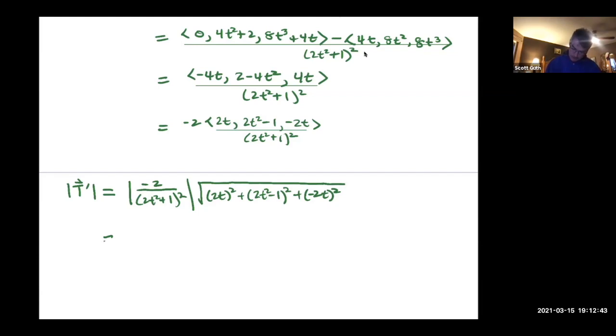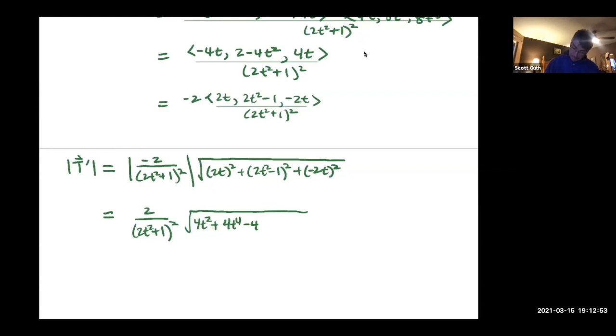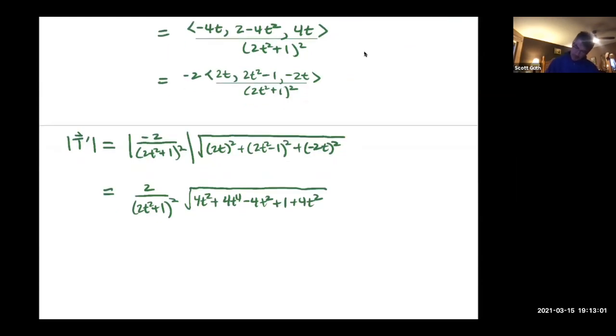Ready? 4t squared plus, there's going to be a 4t to the 4th, right? Minus 4t squared plus 1 plus 4t squared. Not a 4t squared in there. And obviously you can cancel some of it, like that part.